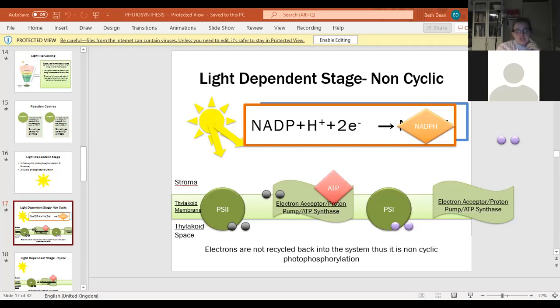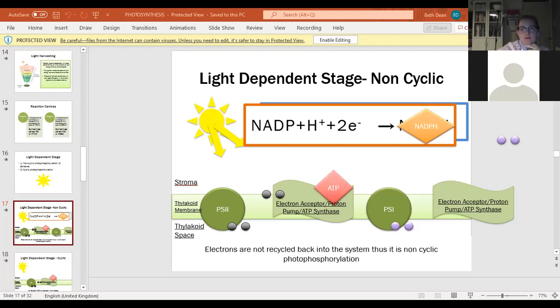In the light-independent reaction, carbon dioxide is used to carboxylate RuBP. And the products of this, well, we get NADP, which passes back to the light-dependent reaction, and then ADP and an inorganic phosphate. And then another product, which is the main point of photosynthesis, are those carbohydrates and those other complex molecules.